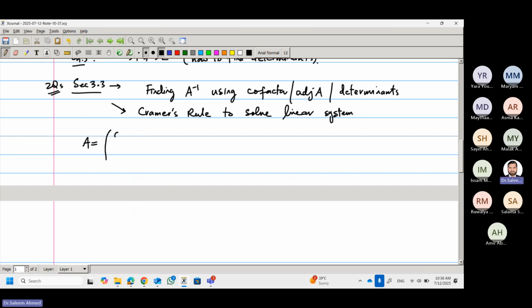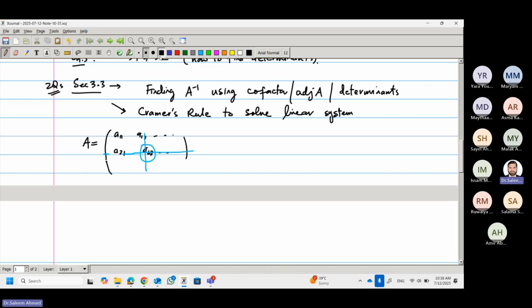A matrix is given: A11, A12, so on, A21, 22, so on, A31, so on. So the cofactor is, if I'm taking the cofactor of, let's say, this A22, you remove the second row, you remove the second column.